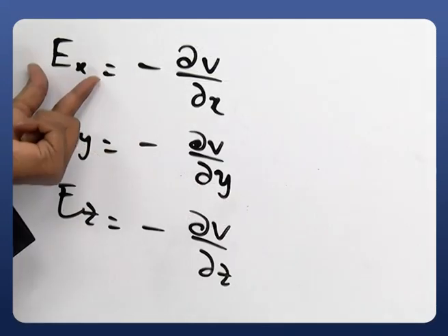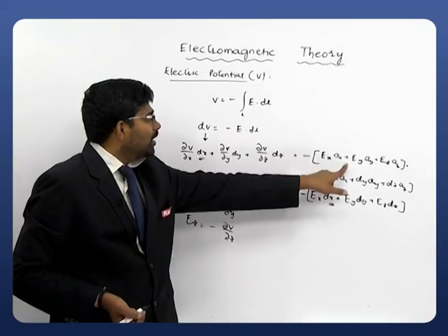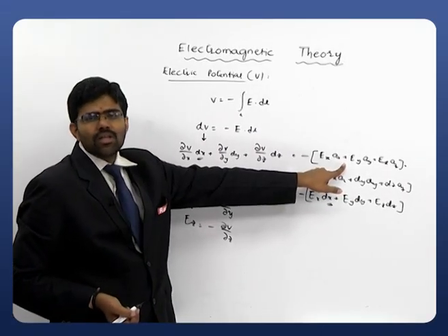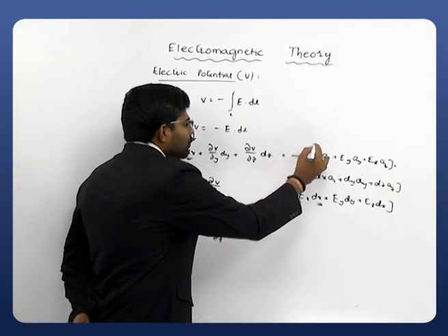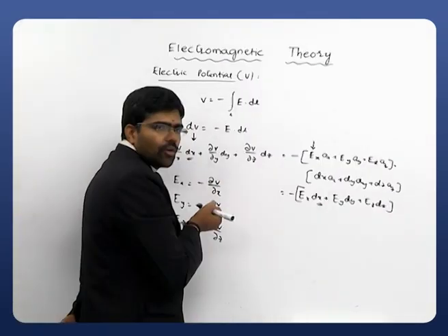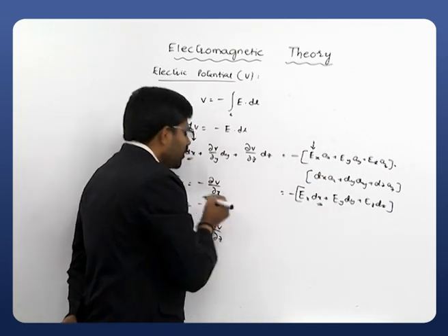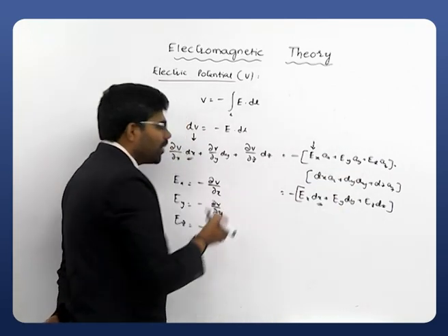Now replace this Ex, Ey and Ez in our electric field intensity equation. So in the electric field intensity equation, instead of Ex we can write minus dou V by dou x. Instead of Ey, minus dou V by dou y. Instead of Ez, minus dou V by dou z.